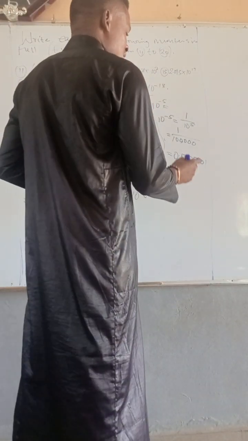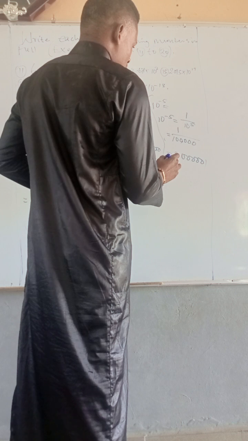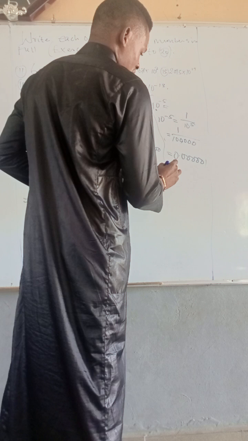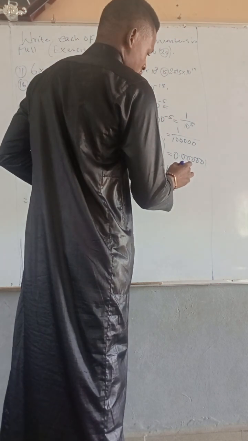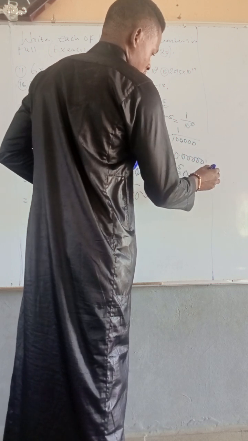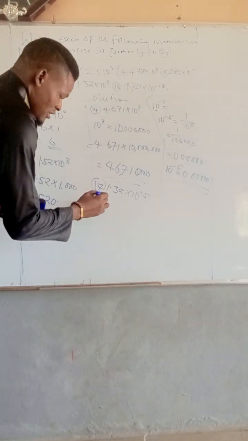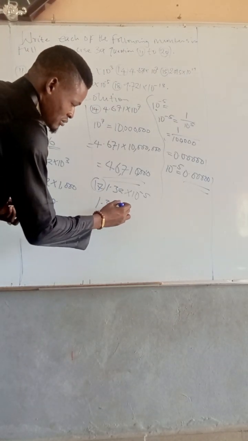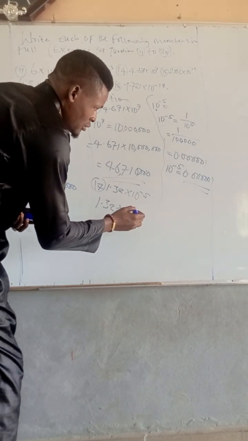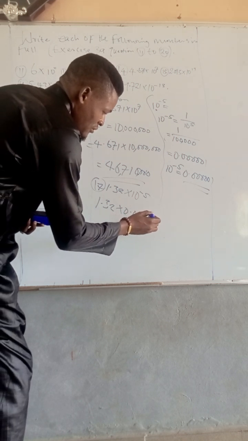So in this case now, the answer is this one is the same thing as, if you take it down to this place now, you have 1.32 multiplied by 0.1, 2, 3, 4, 5.